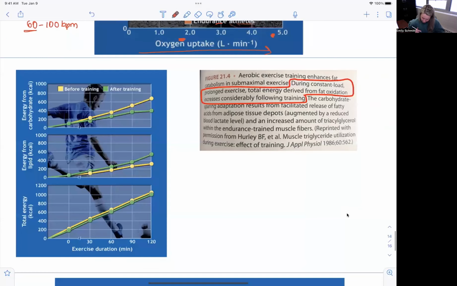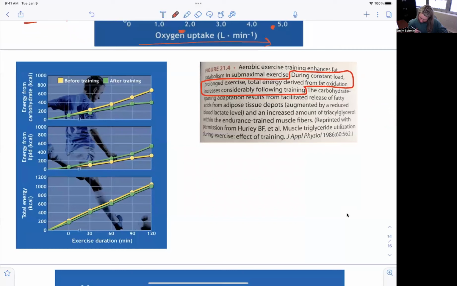So in looking at what have we got here? Our total energy calories, our total energy from lipids, and our total energy from carbohydrates. Really, what this graph is showing, and what we're trying to get the point across here, is this idea of our metabolic efficiency.